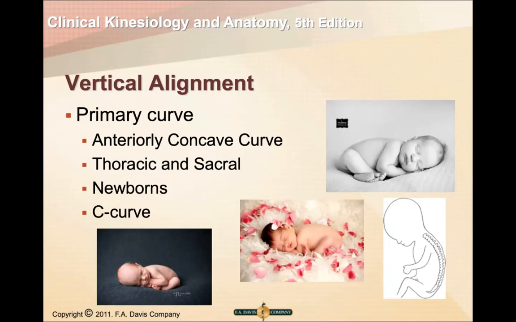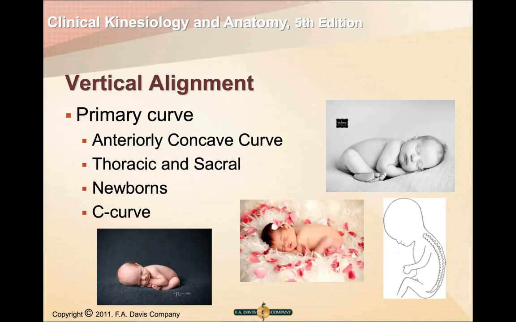So it forms almost like a C. So we call that the C curve. And that's how all newborns are born, unless something goes wrong. And that's how we form.